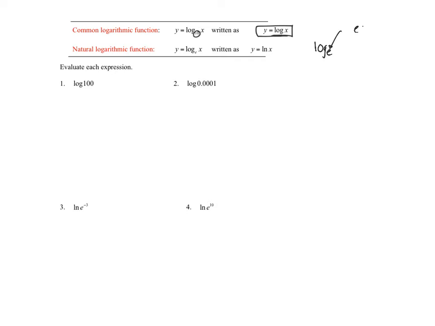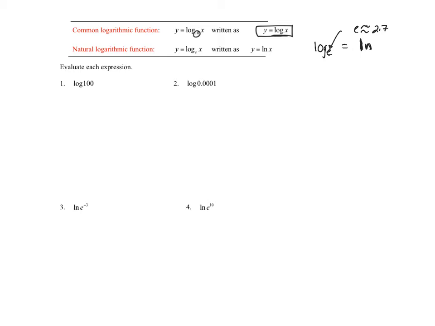And e is a number that's about 2.7, and that's called the natural log, not the log that's natural. It's a nice way of modeling a lot of growth that happens in nature, and so you'll see a lot of applications of that in the next math class. But log base e is natural log.